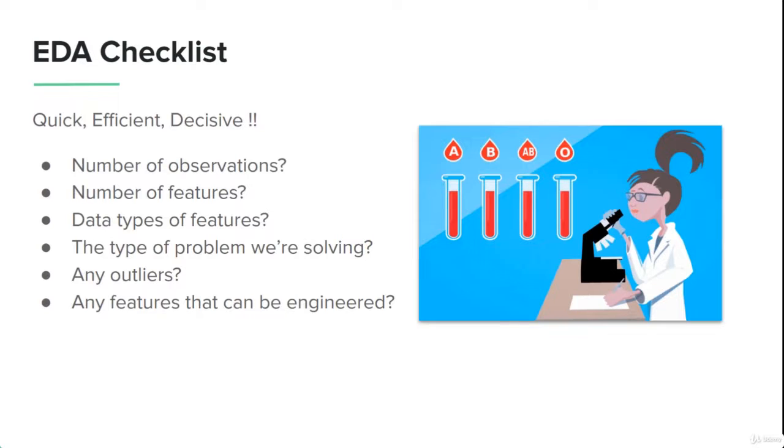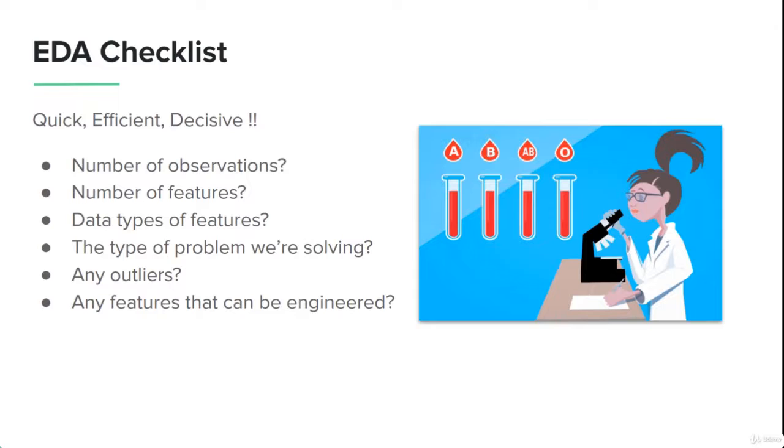We should look for outliers, and we should identify any features that can be engineered. Feature engineering is the last step, and it probably takes so much time because most of the time you have to find features that have high correlation with the target variable, so that you can make your machine learning algorithm learn on those features.